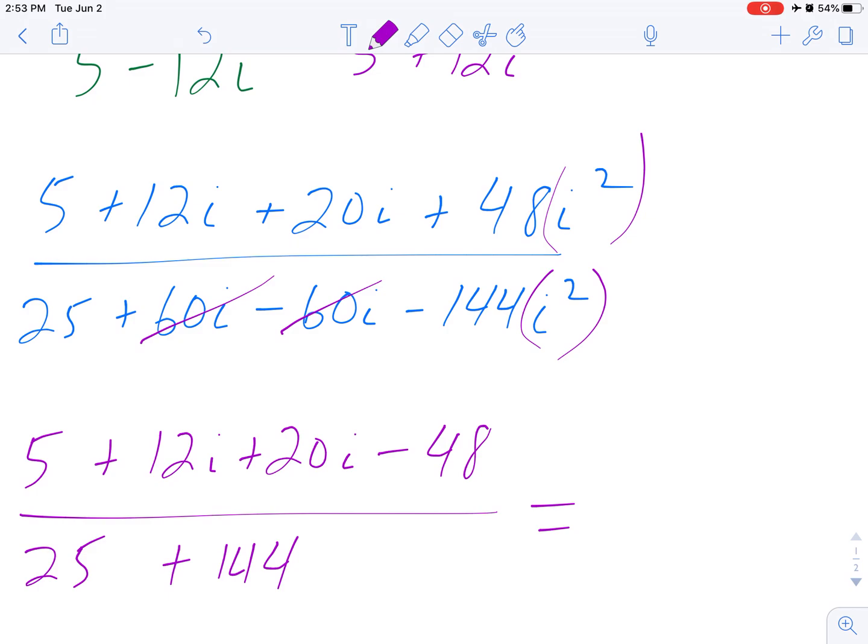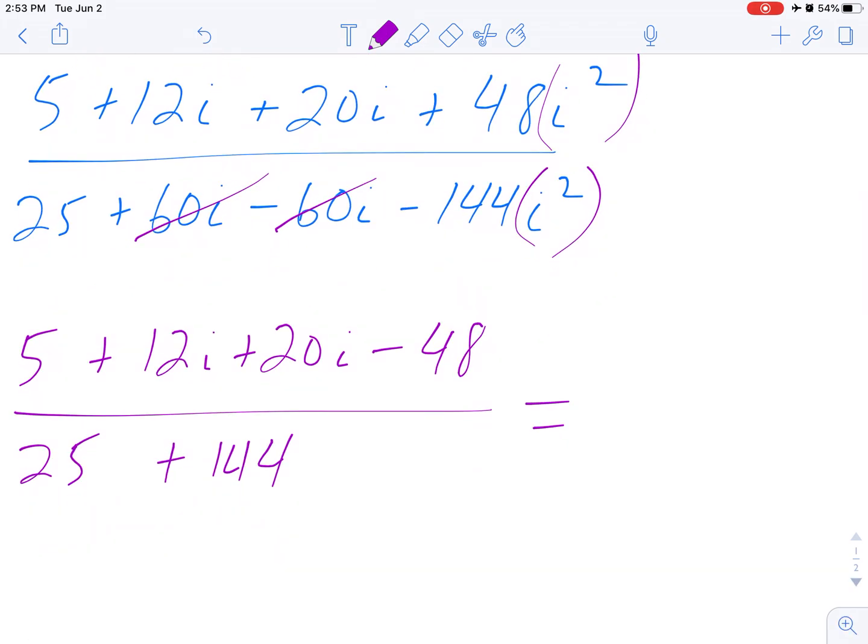So then just keep simplifying the numerator separately, and we'll deal with the expression at the end. So the numerator and denominator, the denominator is 169. Okay. The numerator looks like it's going to be negative 43 plus 32i.